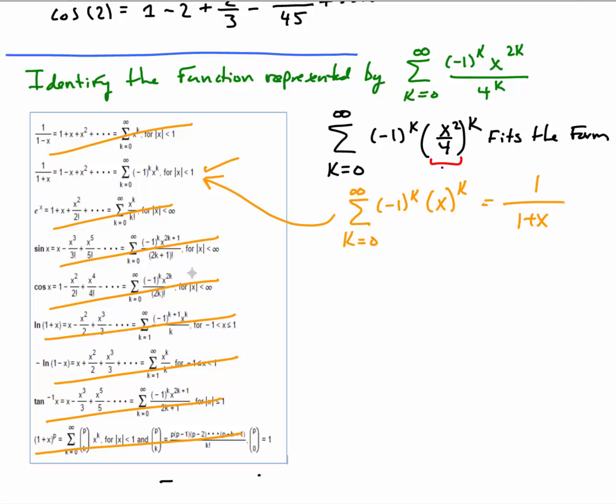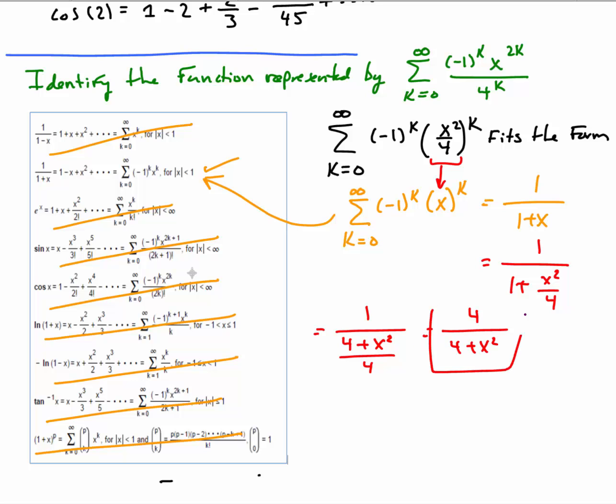Our x squared over 4 is this x. So what I would do here is replace this x with x squared over 4 to come up with that function. Now when you divide by a fraction, you multiply by the reciprocal, but before I can do that I have to find a common denominator and then I can flip it. So this is the function represented by that series.